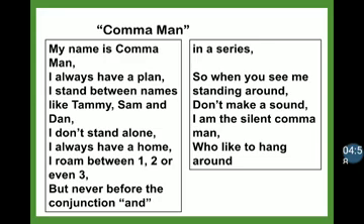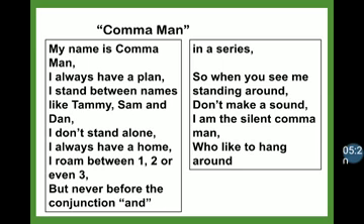So I'm going to be starting today's lesson with a poem. And this poem is entitled Comma Man. My name is Man. I always have a plan. I stand between names like Tammy, Sam, and Dan. I don't stand alone. I always have a home.